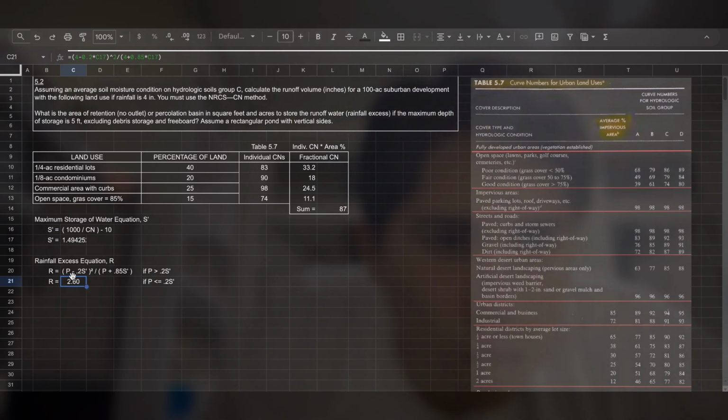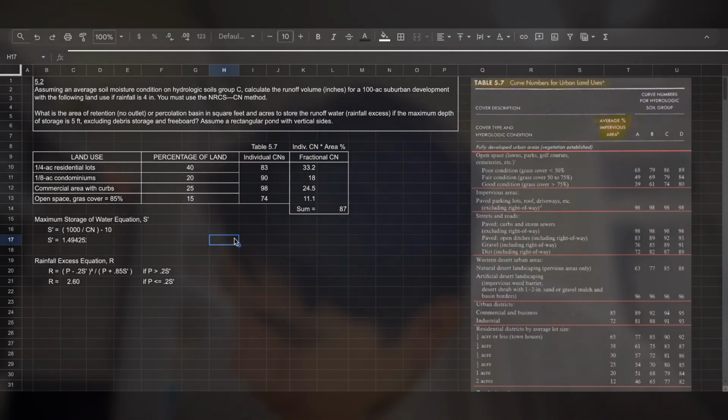Now, this means that the amount of water that is going to run off is 2.6 out of the 4 inches of rain. And I wanted to remember, I said with the rational method we had Q equals CIA, and the C here, the runoff coefficient, works as a percentage.